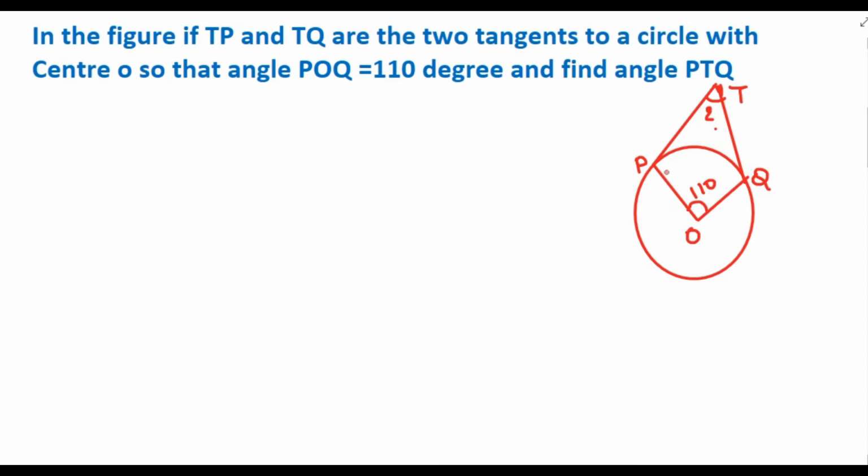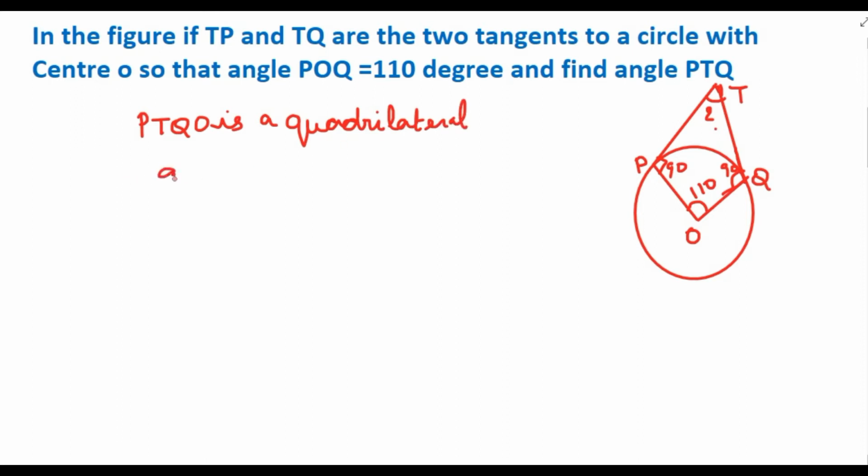We know that the angle between the radii and the tangent at the point of contact is 90 degree, and here also the angle between the tangent and the radii at the point of contact is 90 degree. Now we can see that PTQO is a quadrilateral and the sum of all 4 angles of the quadrilateral is 360 degree.